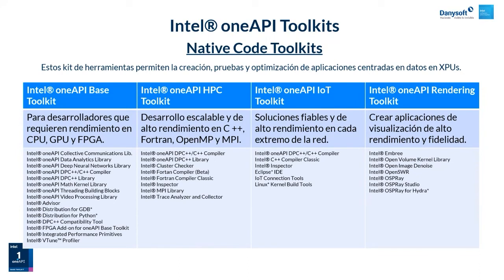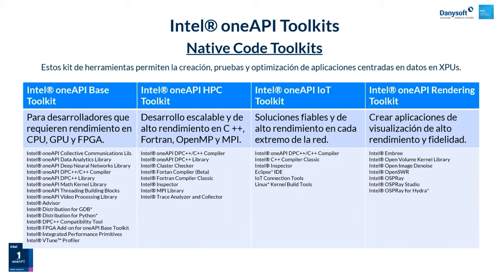It's important to know that we are talking about the base toolkit and HPC toolkit, but under this umbrella of native code toolkits, we have another two: the Internet of Things toolkit and the rendering toolkit.